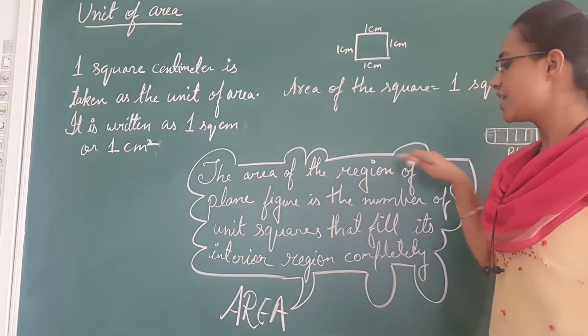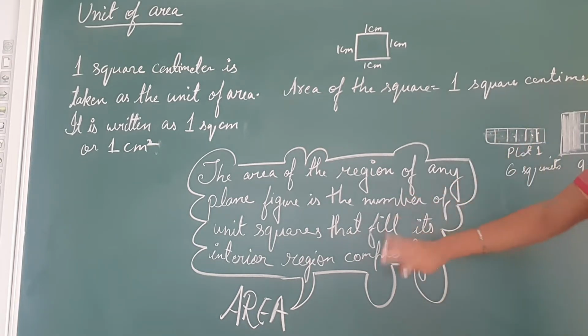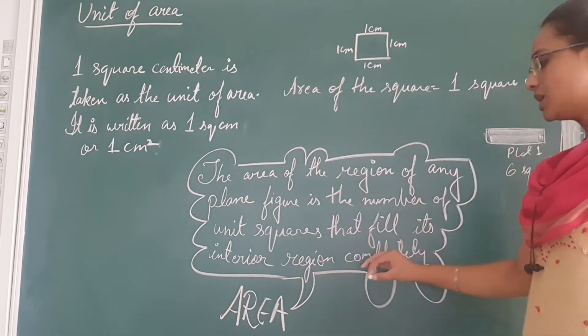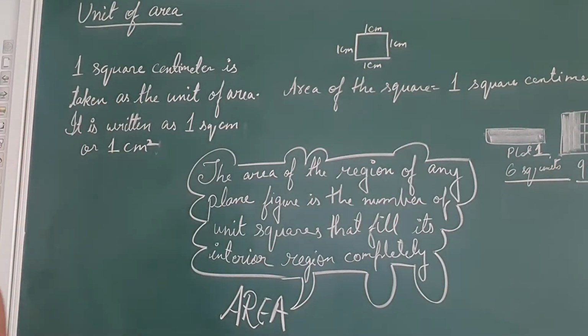The area of the region of any plane figure is the number of units we have counted that fill its interior region. Interior region means inside it. So plot 1 fills its interior region completely with 6 square units, and the same in plot 2 with 9 square units. So this is the unit of area.